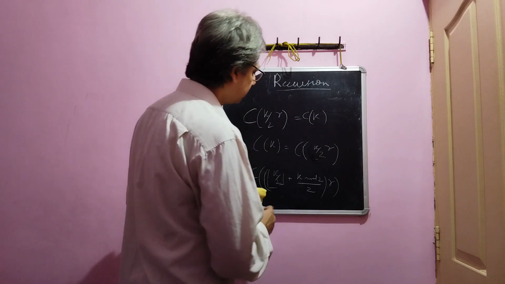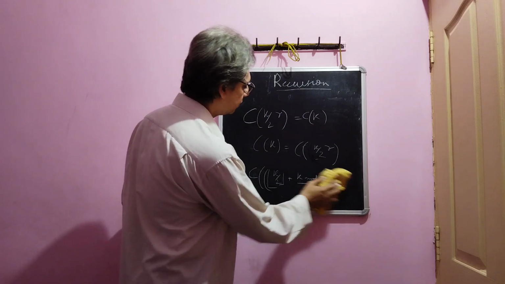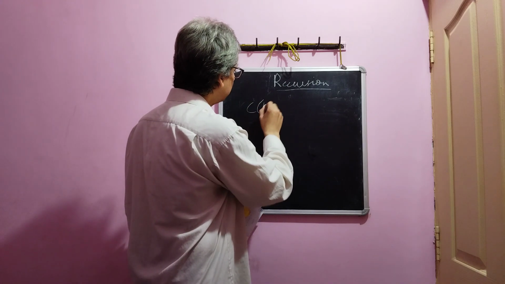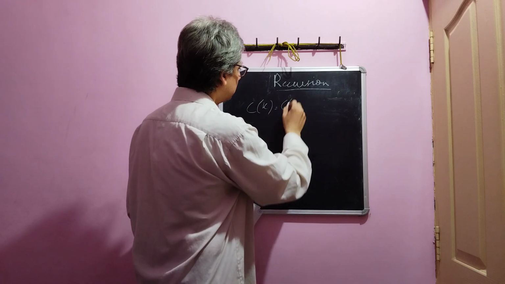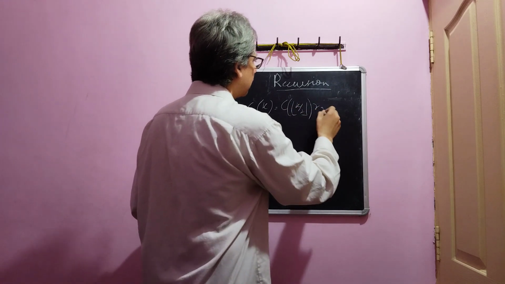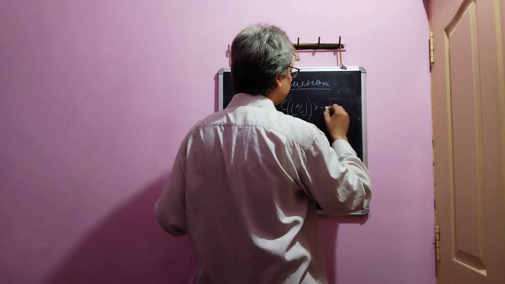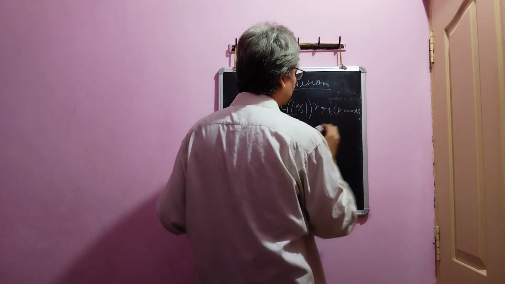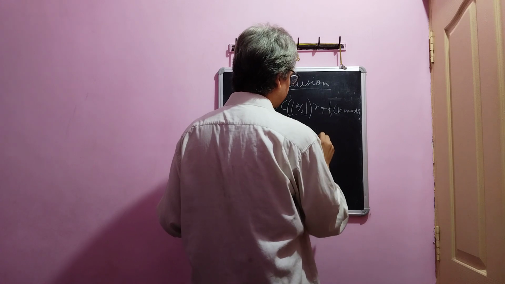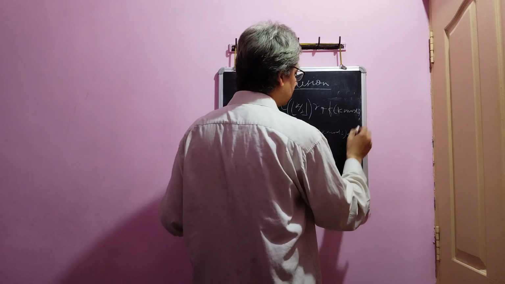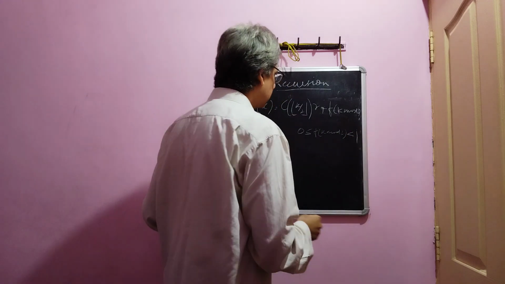Now I shall try to redefine this in a simpler way as C of k equal to C of floor of k by 2 times r plus say f of some function of k mod 2, where 0 is less than or equal to f of k mod 2, which is less than 1.